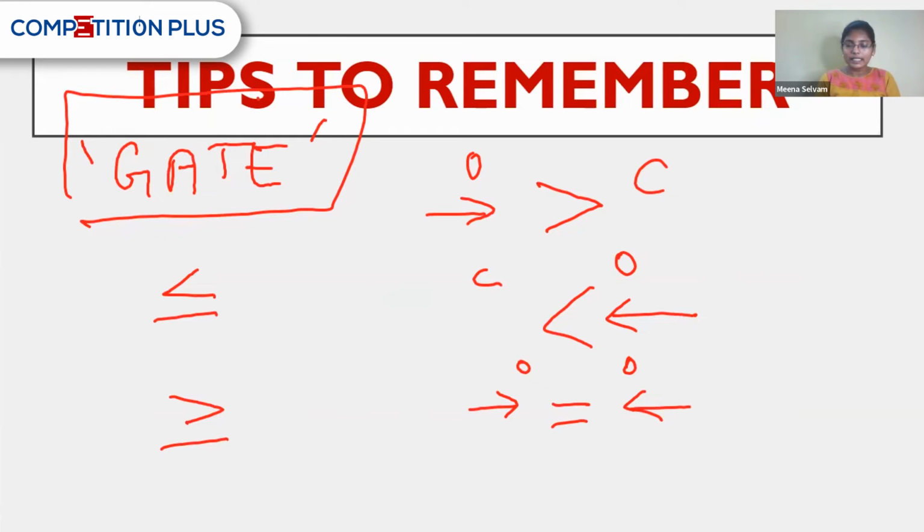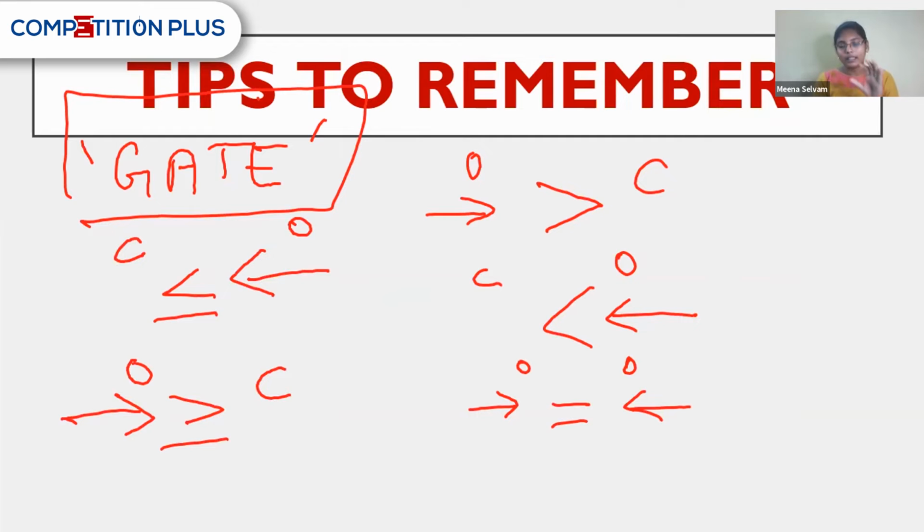Okay, so now let us see how the gate formula applies to these two symbols in your coded inequality topic. Here the same symbol, less than, in the sense this side the flow is open and this side it is closed. And greater than or equal to means this side the flow is open and this side it is closed. The same thing.